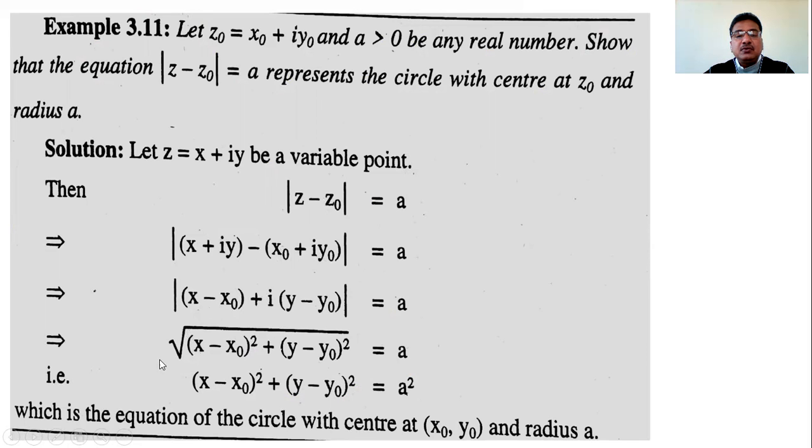And what is its root? Root of (x minus x0) squared plus (y minus y0) squared. What is this? This is the distance formula, the distance between Z and Z0. We know the distance formula: if the coordinates of the points are (x1, y1) and (x2, y2), then the distance is the root of (x1 minus x2) squared plus (y1 minus y2) squared. So mod Z minus Z0 means the distance between Z and Z0.